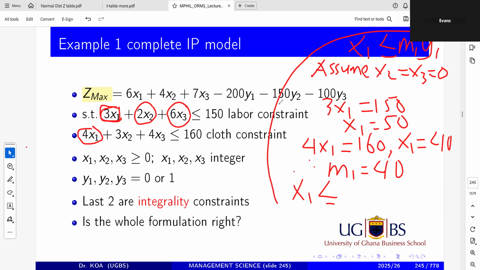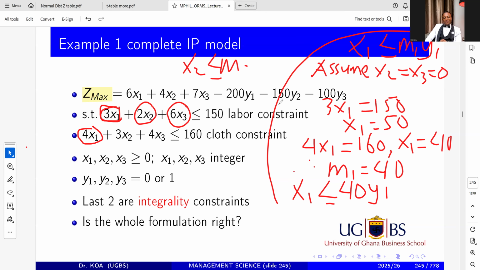Evans? 40 Y1. That's it. So that is the linking constraint for the first one. Now you're going to use this same thing for X2 less than or equal to M2 Y2, and tell me the value of M2. Go through it.